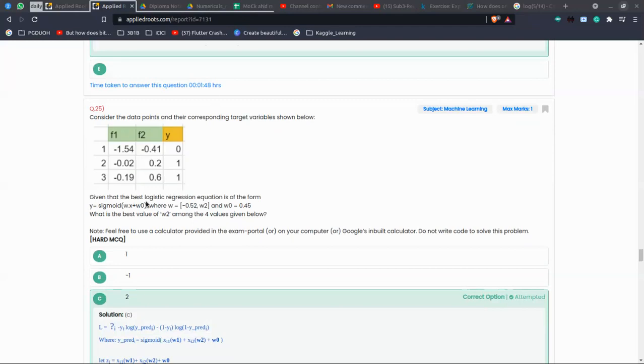Given that the best logistic regression equation is of the form y equal to sigmoid of wx plus w0, where w1 equals minus 0.52, and w2 we don't know, and w0, the bias or intercept term, is 0.45. What is the best value of w2 among the four values given below?